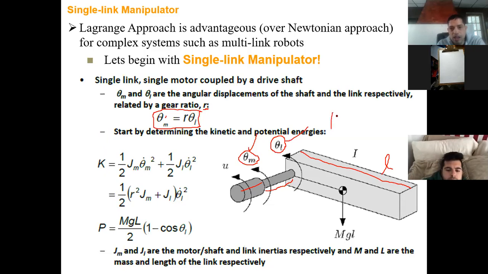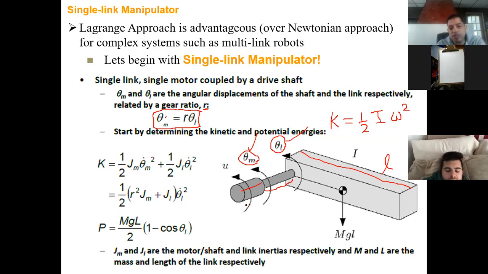Kinetic energy K of rotation is similar to translation, 1/2 m v squared. What is the corresponding quantity in rotational motion for m? I, the moment of inertia. M is I, v squared is omega squared. That's the kinetic energy in rotation, and that's what I'm going to use here. I call it J here, so I is J.